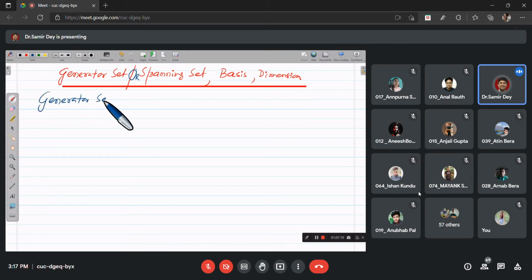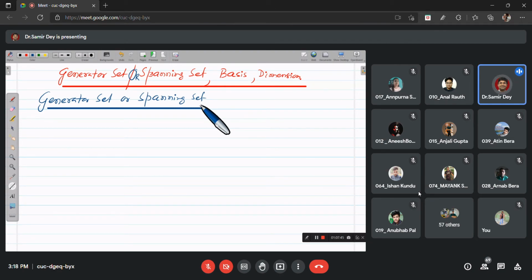A generator set or spanning set. Okay, what does it mean? Already you know that. Listen carefully, very interesting point.